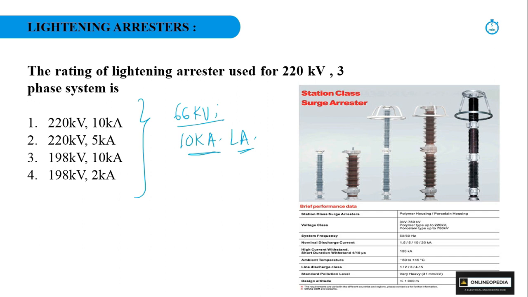Normally the voltage rating of a lightning arrestor is equal to the line voltage into 1.1, that is the factor, into the coefficient of earthing.